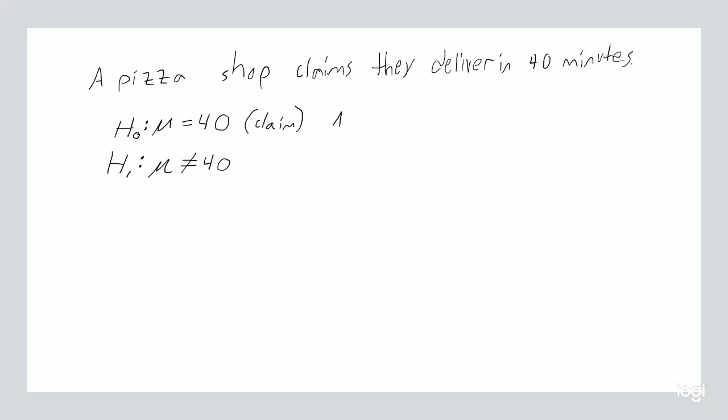Okay, so this is called the null hypothesis. It's what we start off assuming, and this is called the alternative hypothesis. Okay, and then sometimes it's written as H sub A instead of H sub 1.